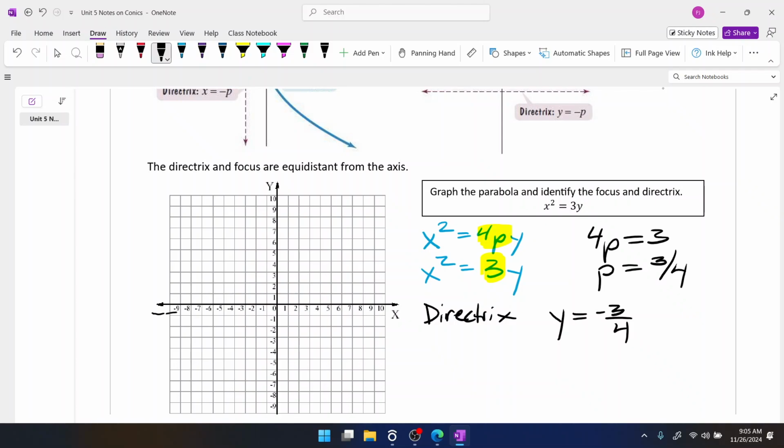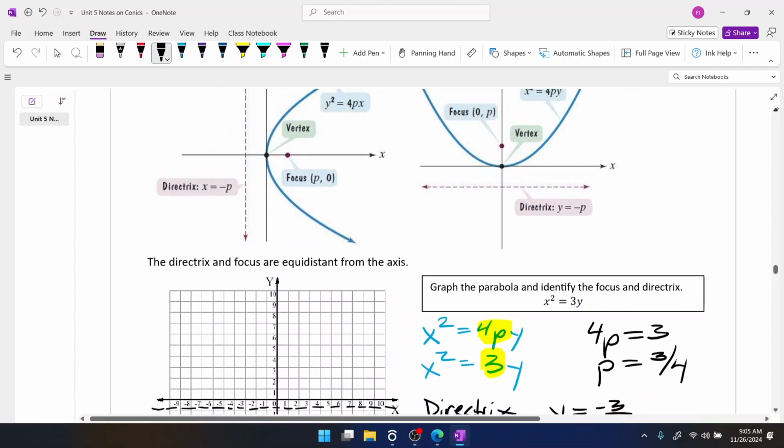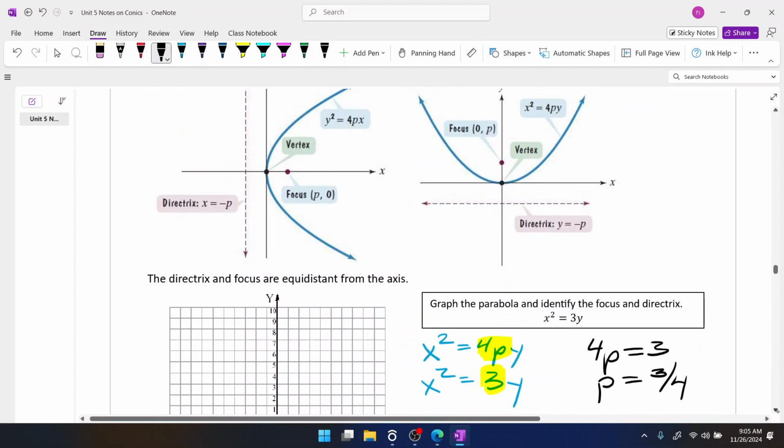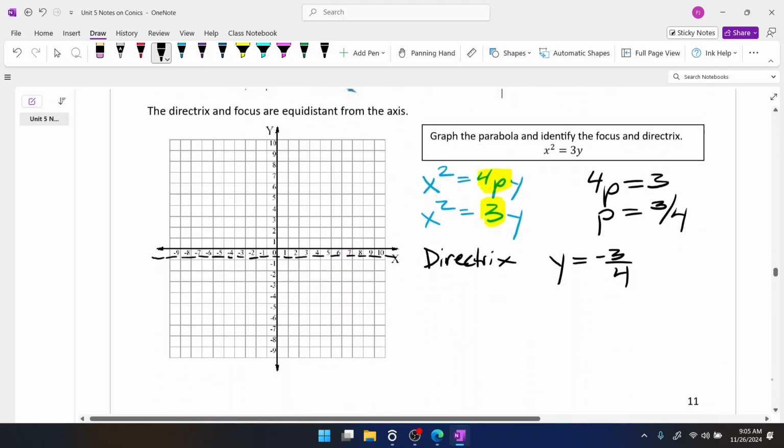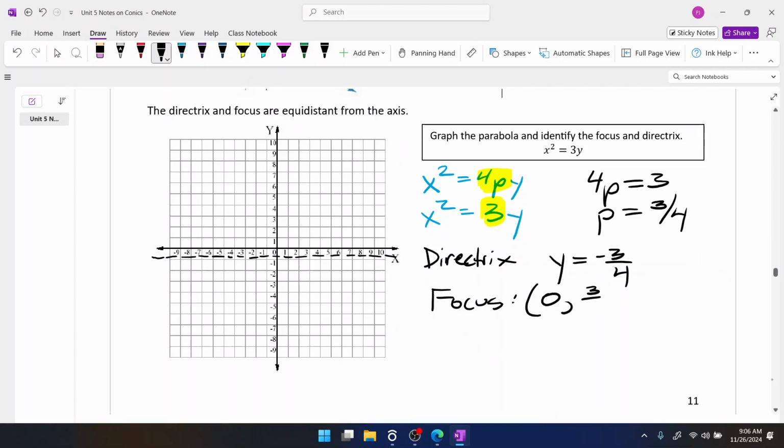So this is going to be the value of your directrix. And the point for the focus is going to be at (0, p), so it's going to be at (0, 3/4) here.